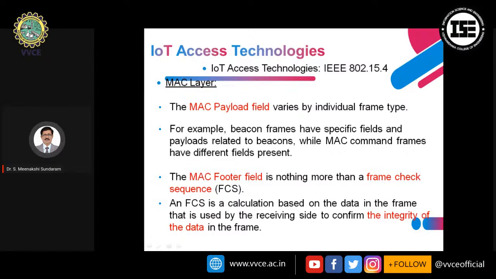For example, the beacon frames have specific fields and payloads related to the beacons, while MAC command frames have different fields present. The MAC footer field is nothing more than the frame check sequence, which we call the FCS. The FCS is a calculation based on the data in the frame that is used by the receiving side to confirm the integrity of the data in the frame.